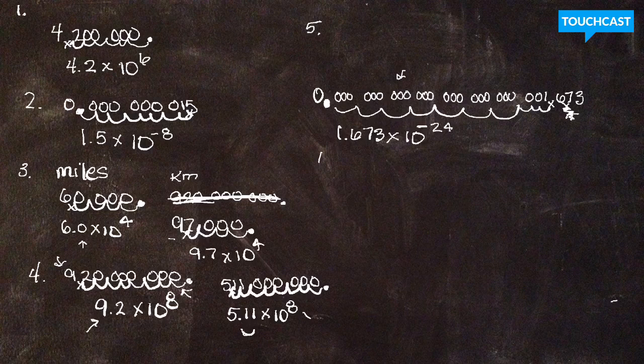Okay, number 6. Now we have a big number. So again, we're going to group our numbers by 3. So we have 1, 9, 8, 9. And let's see, we have 10 groups of 3 it looks like.